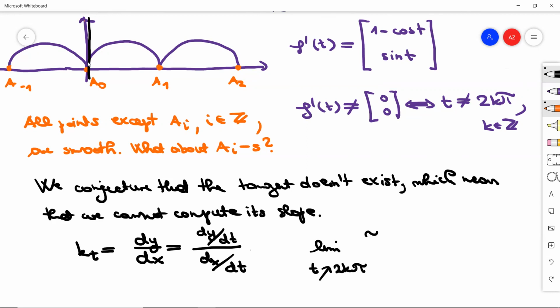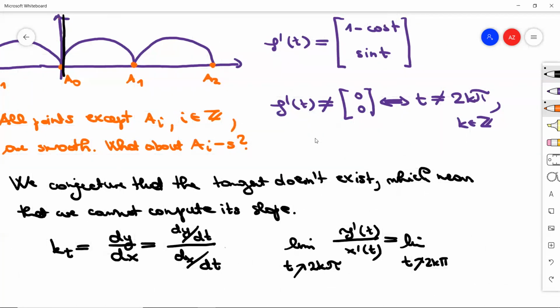This is y derivative of t over x derivative of t. What we get is the limit when t goes to 2k pi, and then we just derive this equation of the curve. We already have this, so it's sine t over 1 minus cosine t.